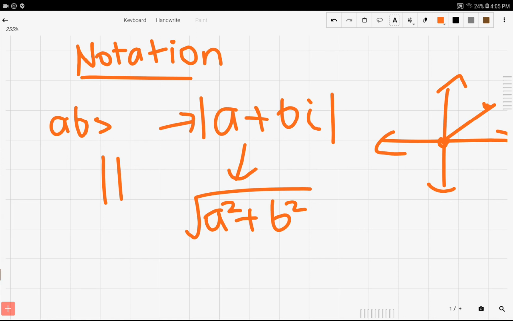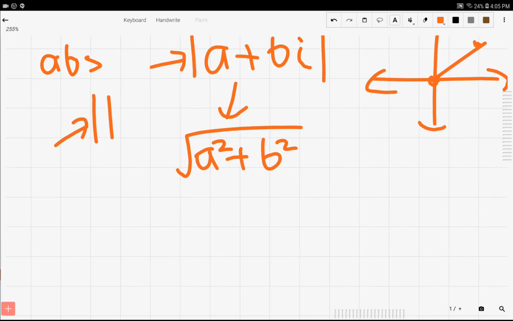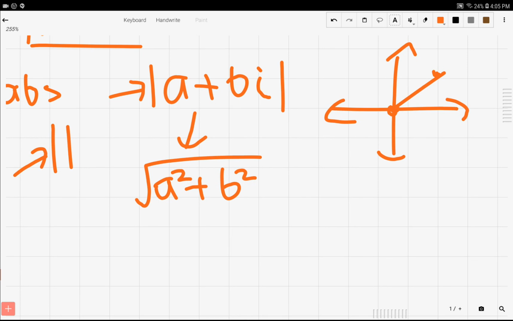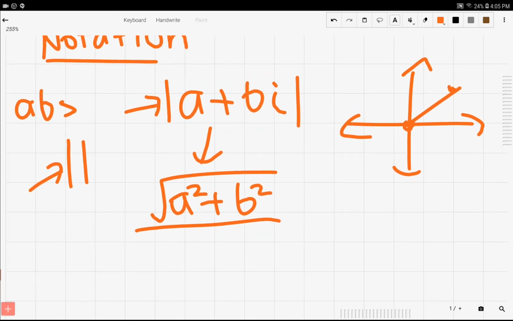You have to say magnitude because we just decided to make things like that. So now you have to say magnitude when you want to reference these two bar things, which is kind of annoying, but you'll get used to it. So we have that the distance between a complex number and 0 is the square root of a squared plus b squared, and that's also known as the magnitude of that complex number.